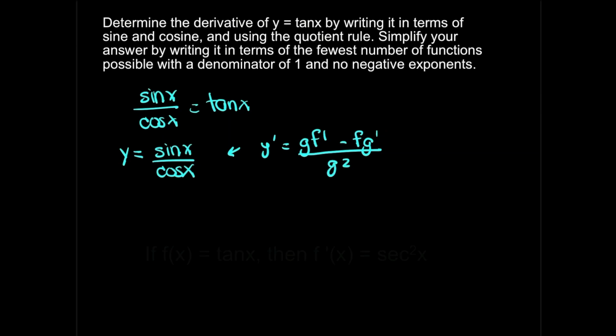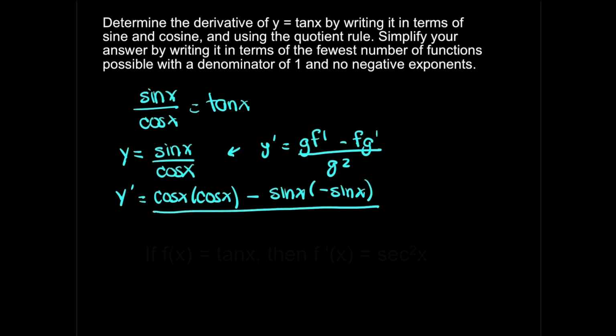So we know that our derivative of sine is going to be cosine of x. So we will have derivative of the top, which is cosine x, times the bottom, which is also cos x, minus the top, sine x, times the derivative of the bottom, which is negative sine x, all over our bottom squared, so cos squared x.